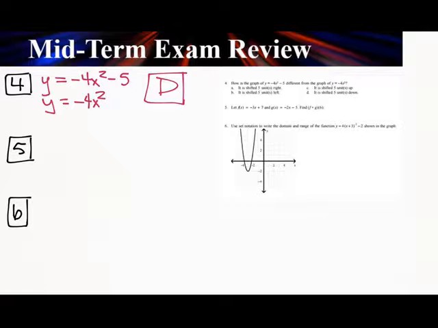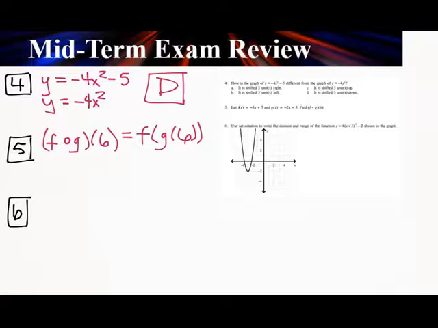Okay, now for number 5, this is the part that gets people when they start looking at this notation. Now remember that I have to put in a 6. You could also look at it this way, f of g of 6.